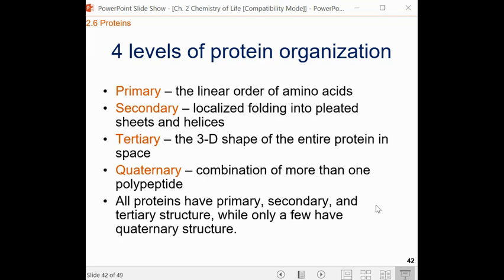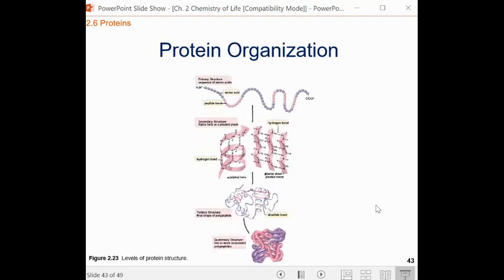And then we can even combine additional ones together. So we can take multiple proteins, each with their own 3-dimensional shape, and put them together into that quaternary structure. All proteins have a primary, secondary, and tertiary structure. Some will then be assembled to make that even larger molecule. But it's that 3-dimensional shape that allows proteins to function and do what they need to do.